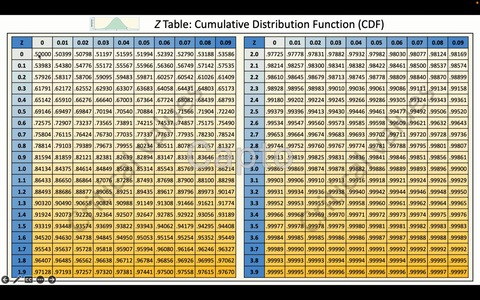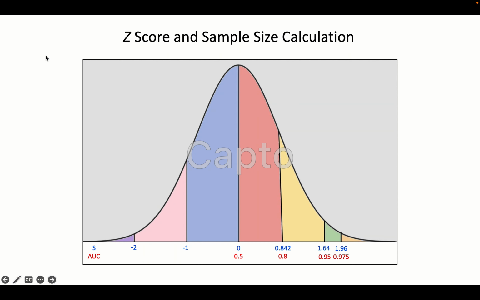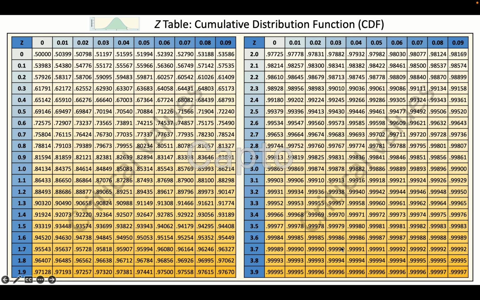Now, if I wanted to know, like I said in my earlier slide, what the area under the curve is for 1.96, which is here, all you need to do is locate the 1.9, which is in this case here, and then the column that corresponds to 0.06, and that intersection with the row of 1.9 gives the area under the curve of 1.96, right?